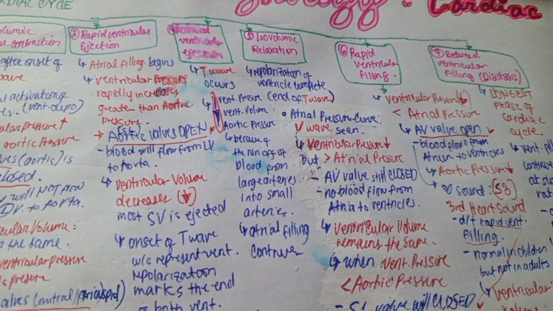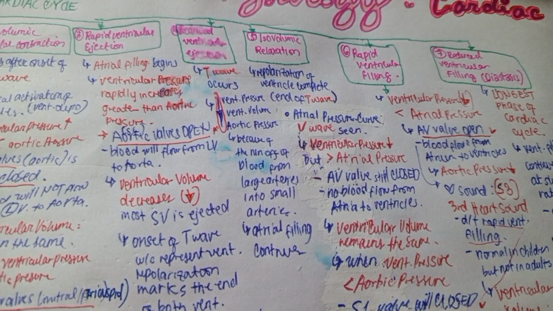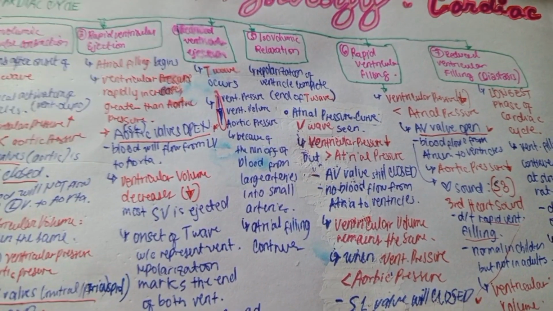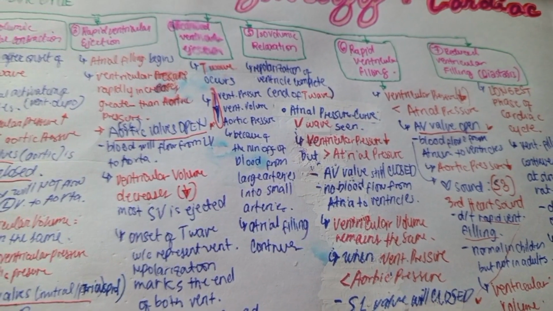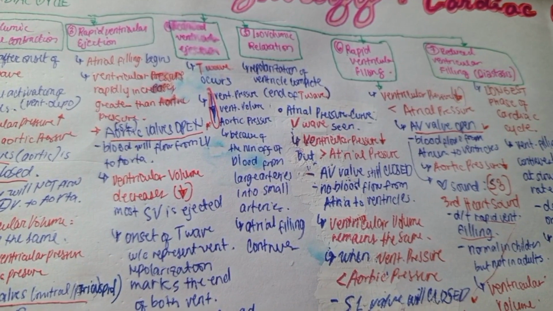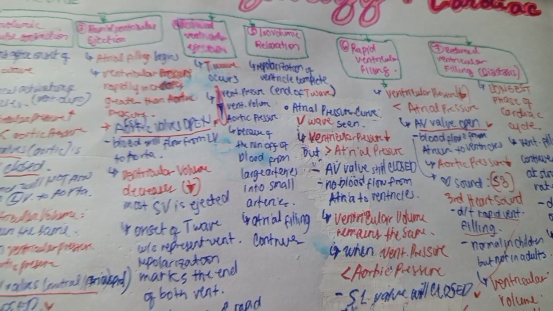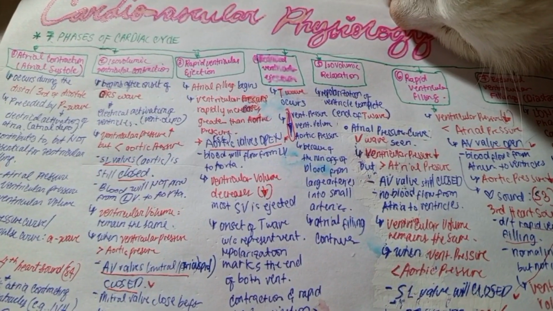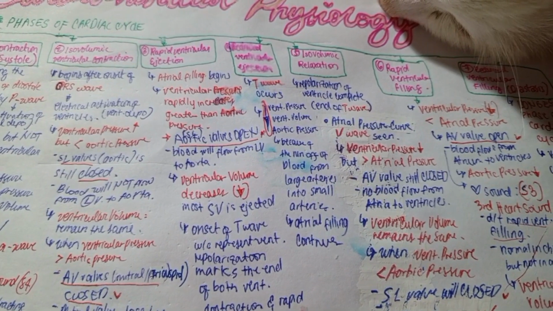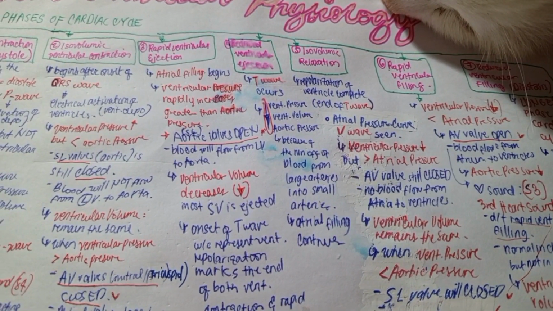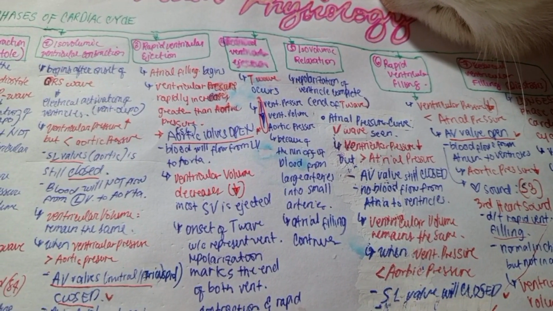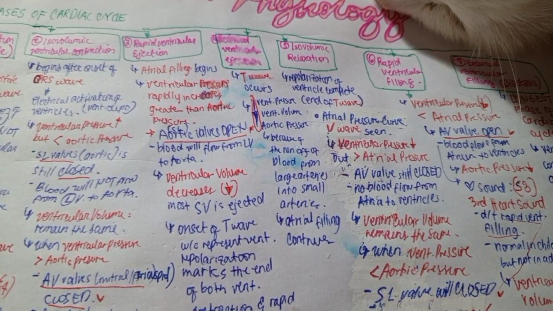So the ventricular repolarization is already complete. Repolarization of the ventricles is complete, and this is the end of the T wave, the isovolumic relaxation. In the atrial pressure curve, or the venous pulse curve, the V wave can be seen, and the ventricular pressure during the isovolumic relaxation decreases, but is greater than the atrial pressure.